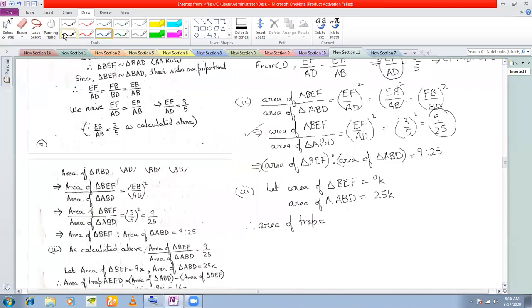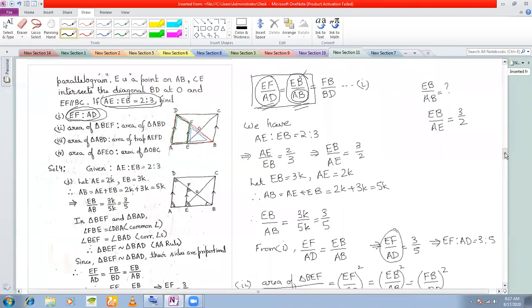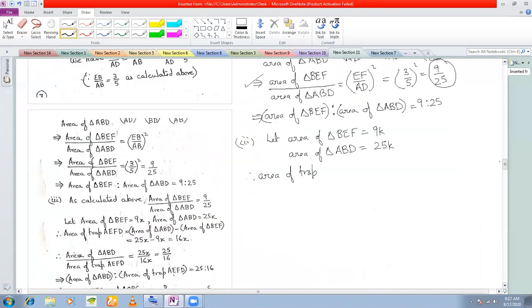Therefore, area of trapezium AEFD is equal to area of triangle ABD, the bigger triangle, minus area of triangle BEF.